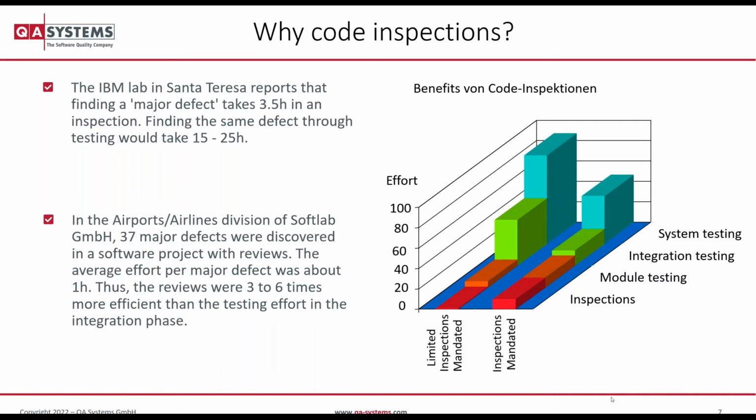Now, you can do that, or you can think you do it even better and say, okay, in that case, I double my code inspection work again, and then I don't need to test at all. But that's also not possible, because you don't find all kinds of errors with code inspections. For example, timing errors are very hard to find with code inspections. But the classes of errors you find with code inspections are found much faster than you would find the same defect with integration or system tests.